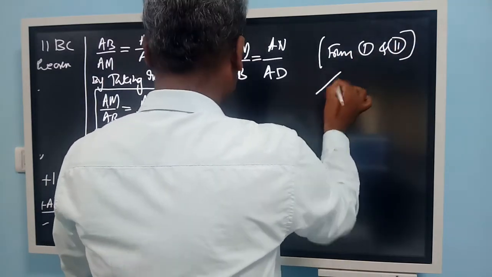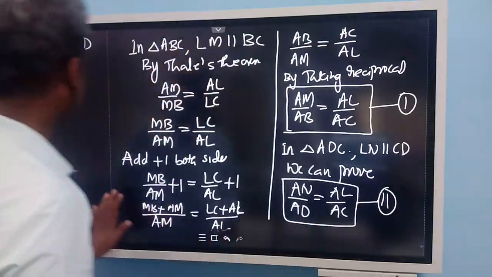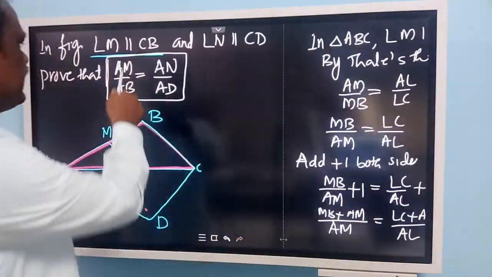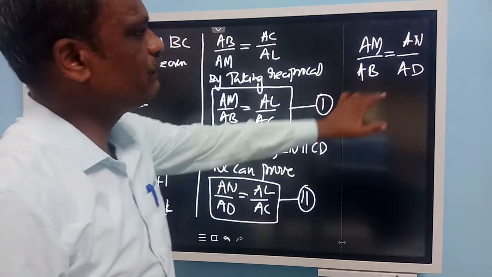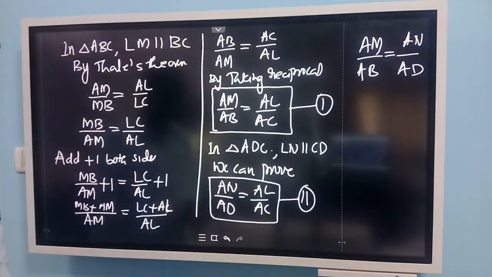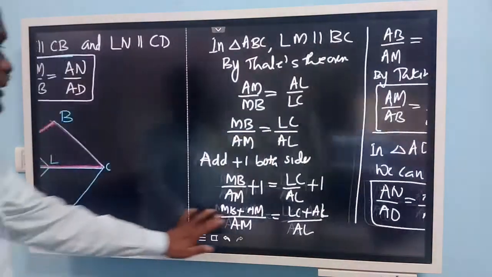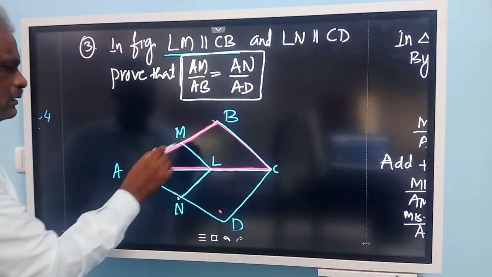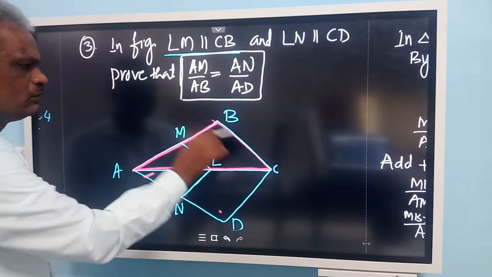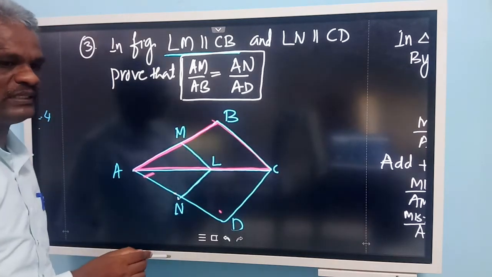So this is what we wanted to prove here. The question they asked here, same. AM by AB is equal to AN by AD. So we prove AM by AB is equal to AN by AD. Is it clear to all of you? So we have two triangles here. Here is a line parallel to BC. ML is parallel to BC.